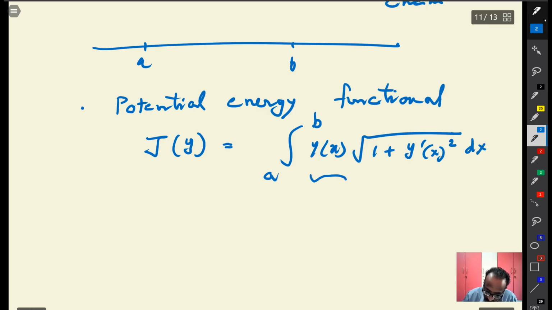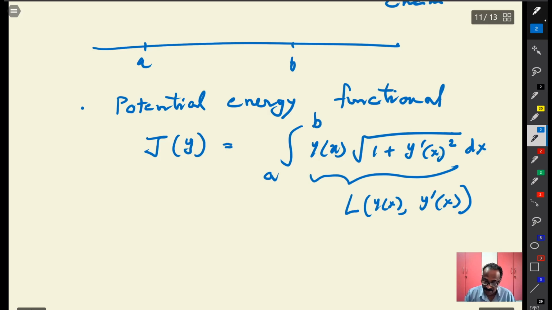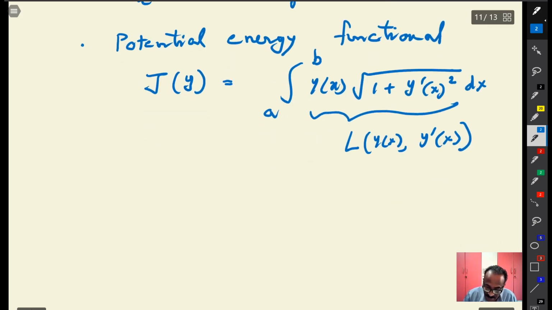So this is your L of y(x), y prime of x. I just changed the notation. And what is your L(x,q) basically? If you want this notation, L(x,q) is equal to x into the square root of 1 plus q squared.